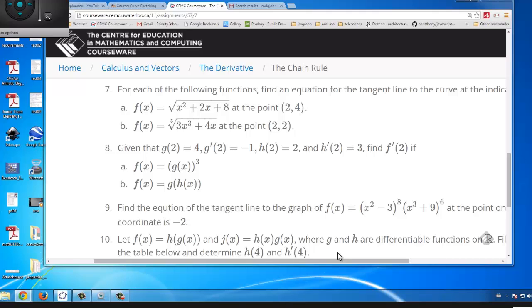So if we just read out the values, what's g at 2? It's 4. And then what's g primed at 2? -1.